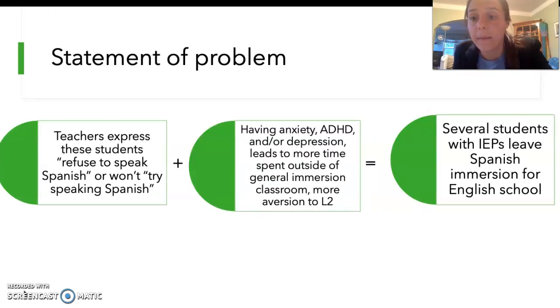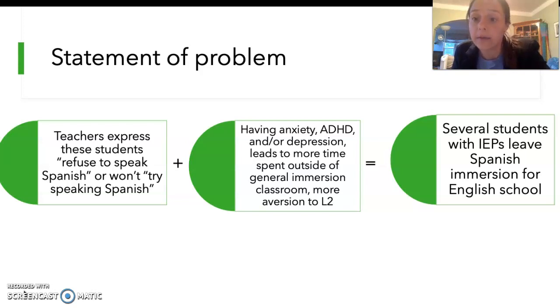So here's the problem. As a special education teacher in the Spanish immersion schools, I have had a lot of teachers come up to me and say things like, these students refuse to speak Spanish, or these students won't try speaking Spanish. I've also had kids repeatedly ask me if they're in the resource room, which is the special education room, do I have to do this in Spanish?